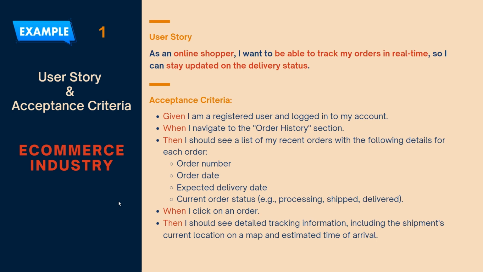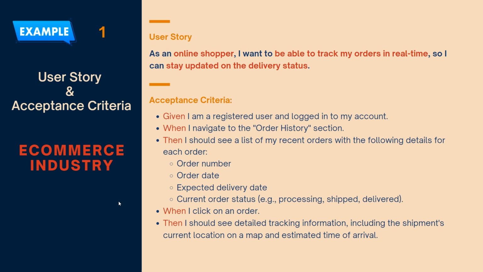After that, when I navigate to the order history section, so now I click on order history. What is the outcome I should be getting? Then I should see a list of my recent orders with the following details. What details will be in that recent order list? Order number, order date, expected delivery date, and current order status.